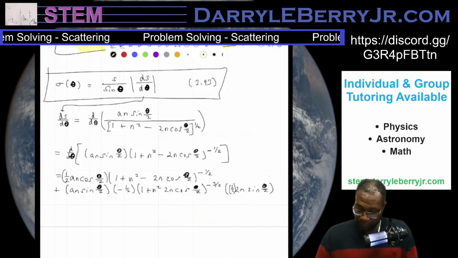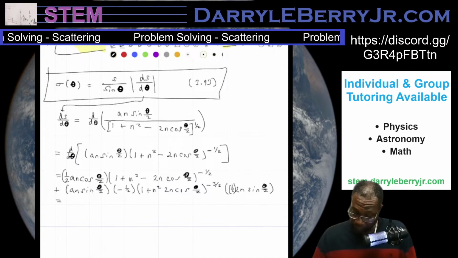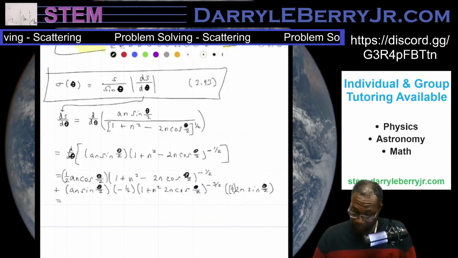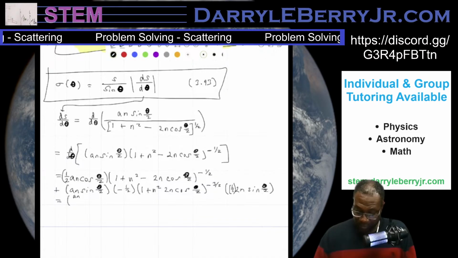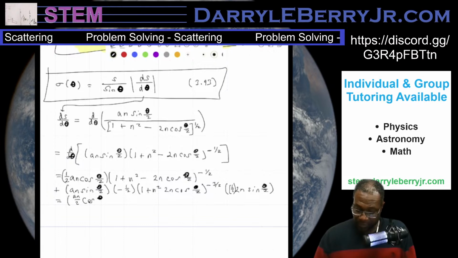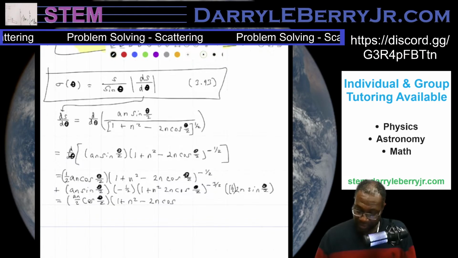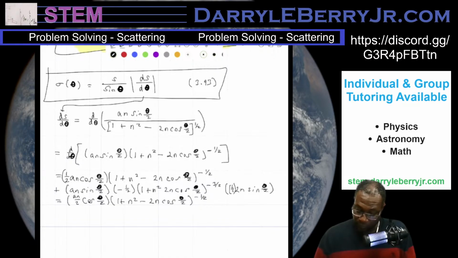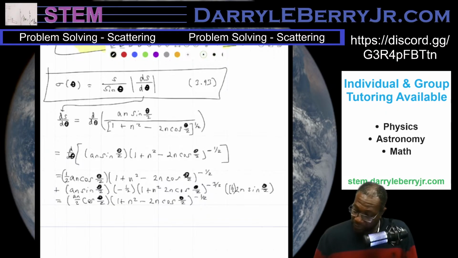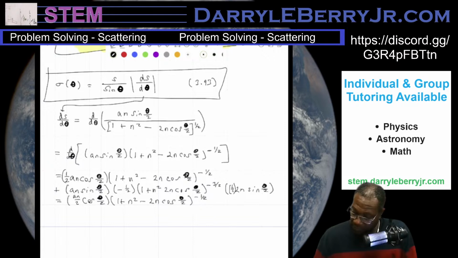And then we have 2 cosine theta over 2, 1 plus n squared minus 2n cosine theta over 2, to the negative 1/2, should still be a plus.